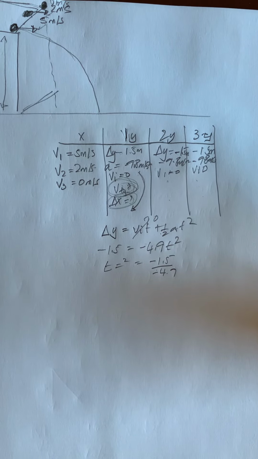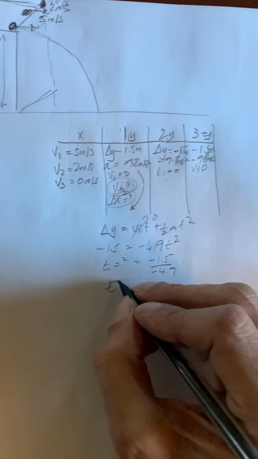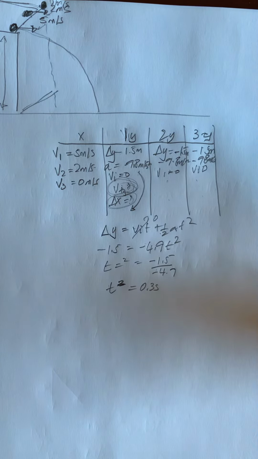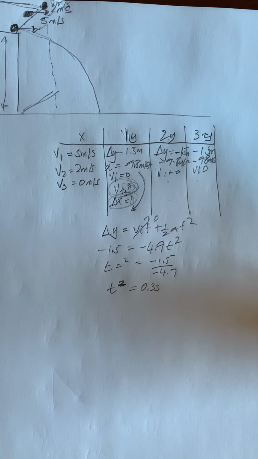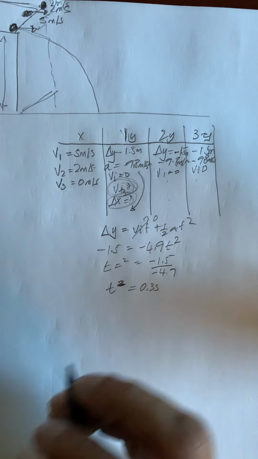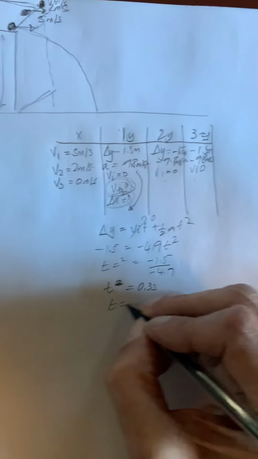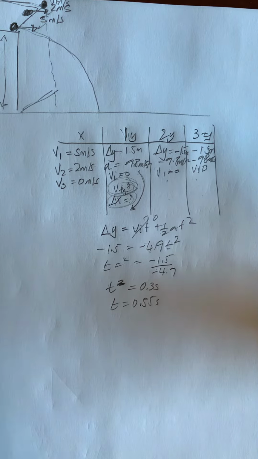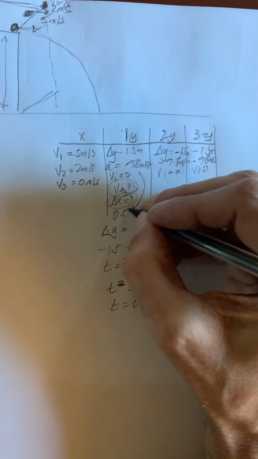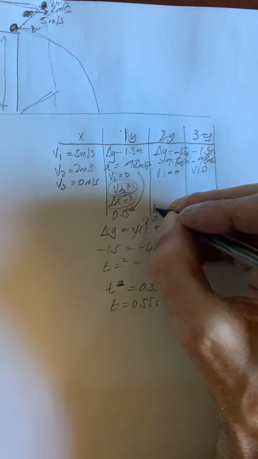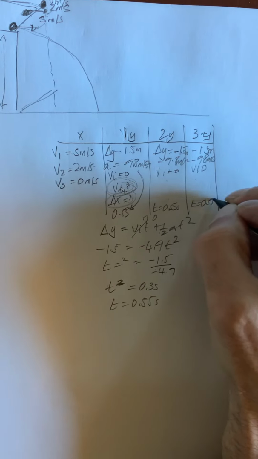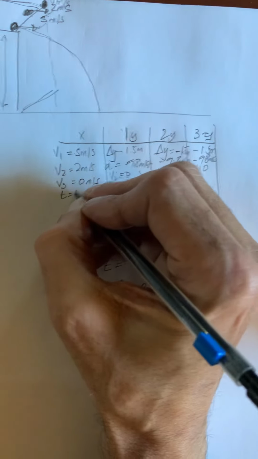And so T squared is equal to 0.3 seconds squared. And so T would equal 0.55 seconds. Okay? And so T is 0.55 seconds for this guy, T is 0.55 seconds here, and T is 0.55 seconds there.